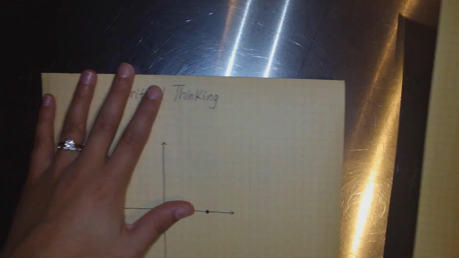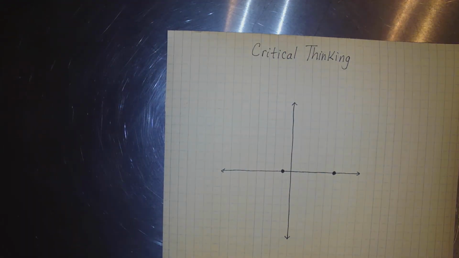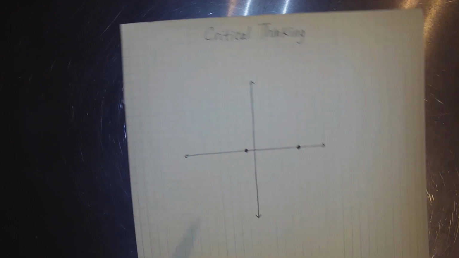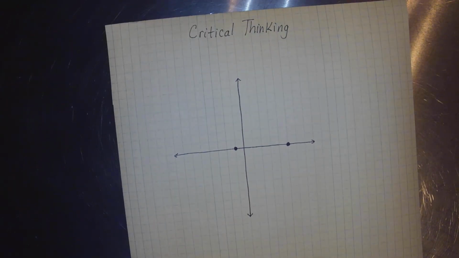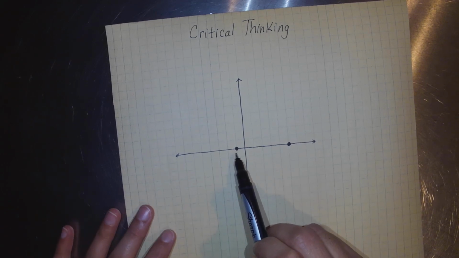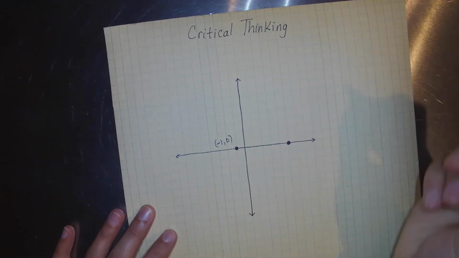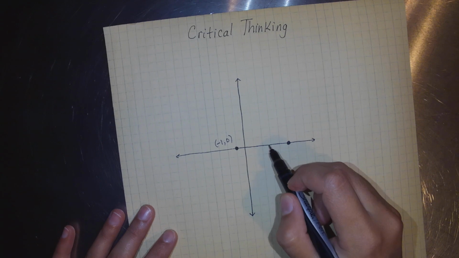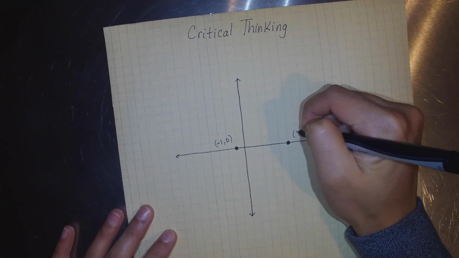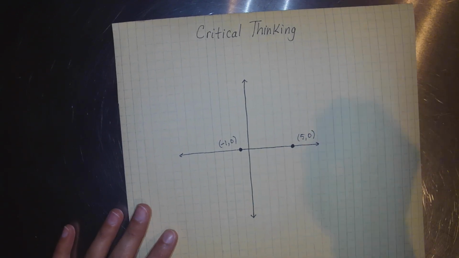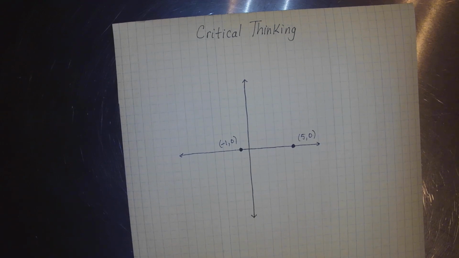Let's have one last question with critical thinking. If we were to try to figure out what the equation of a parabola would be for it to cross through this point, (-1, 0), and this point, 1, 2, 3, 4, 5, (5, 0). How would we figure out what the equation of that parabola would be?